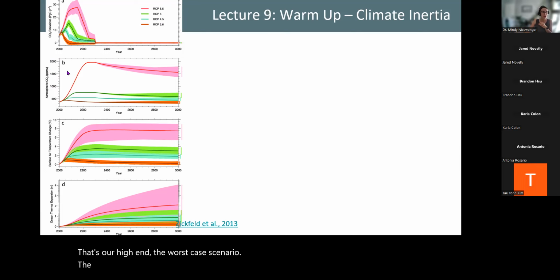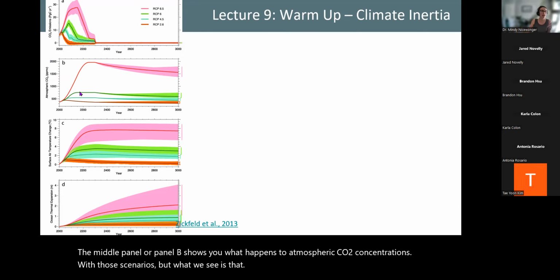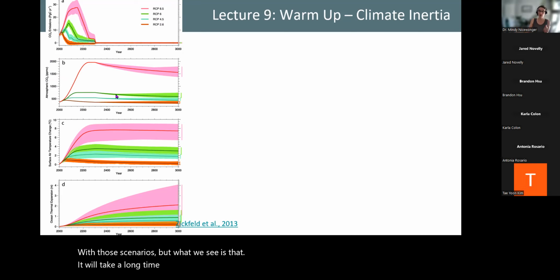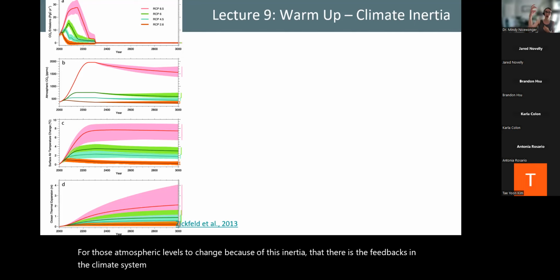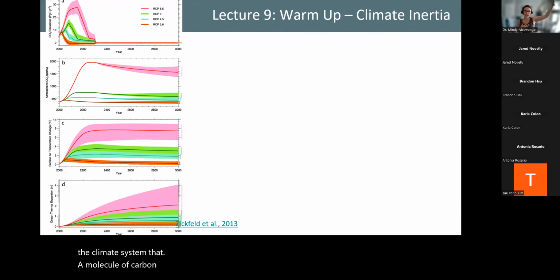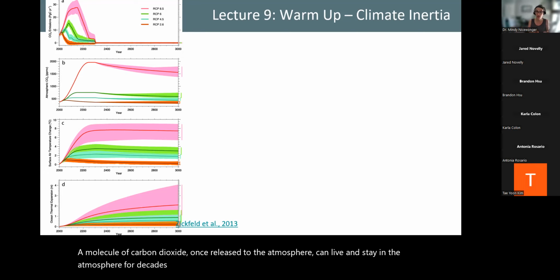The middle panel, or panel B, shows you what happens to atmospheric CO2 concentrations with those scenarios. But what we see is that it will take a long time for those atmospheric levels to change because of this inertia, that there are feedbacks in the climate system, that a molecule of carbon dioxide, once released to the atmosphere, can live and stay in the atmosphere for decades, hundreds of years, maybe even thousands of years, depending upon the feedbacks in our climate system.